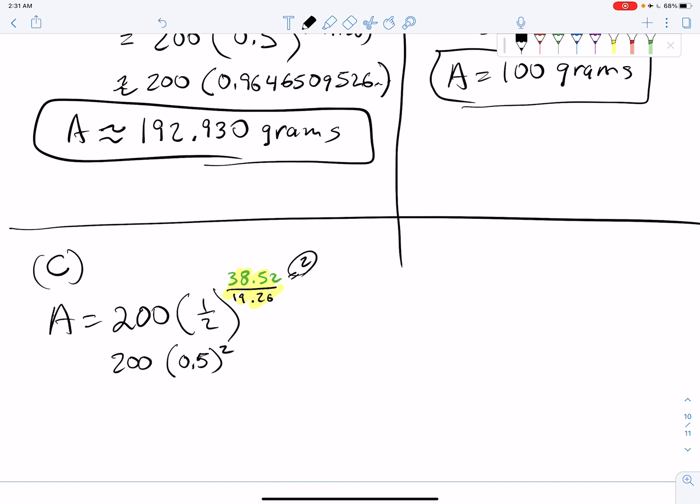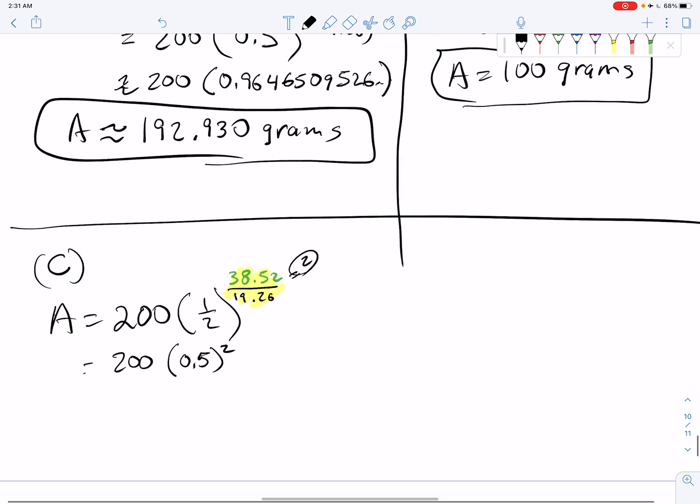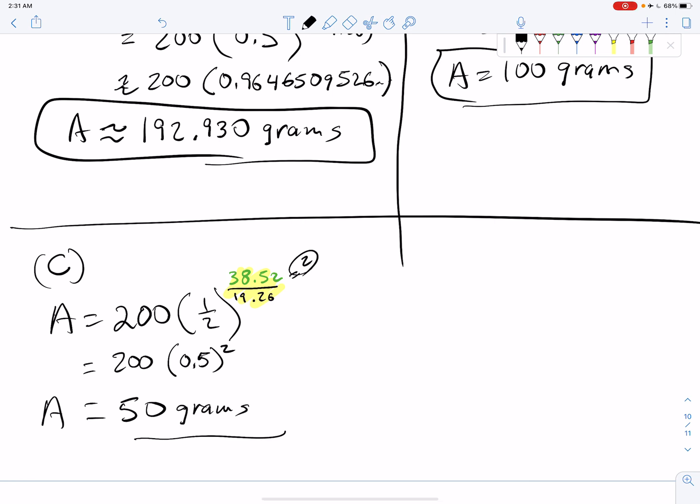Half times half is a quarter, and a quarter of 200 leaves us with 50. So the amount is 50 grams. You have 50 grams left of that carbon 10, starting with 200, after 38.52 seconds.